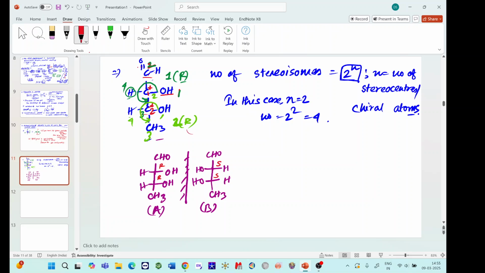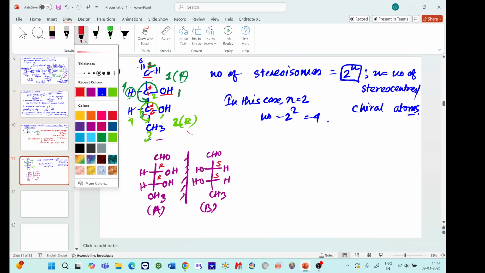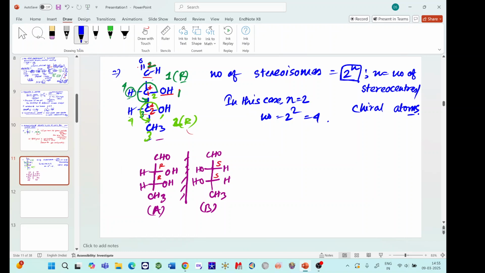Now I can change one of the configuration in one of the chiral molecules, so it will be like CHO, H, OH, OH, H, CH3.